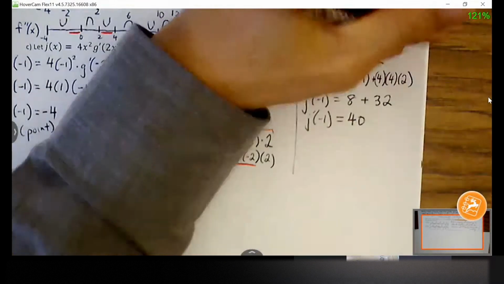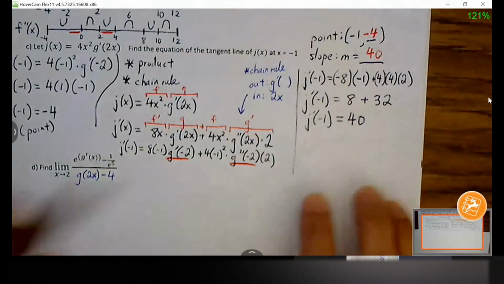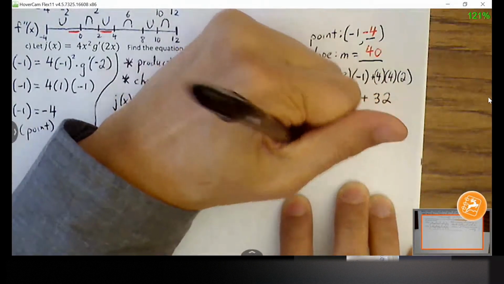Did you guys get 40? Yep. Good. Point slope. Now we're ready to create our tangent line equation.